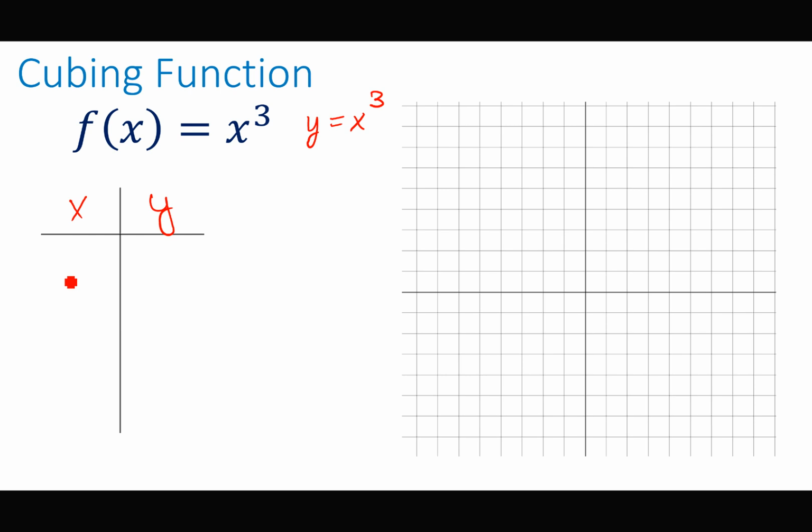If I said like a -2, what is -2 cubed? -8, because -2 cubed just means I have 3 -2's. So -2 times -2 is a +4, but times a third -2 brings it to a -8. So -2, -8 would be a point.